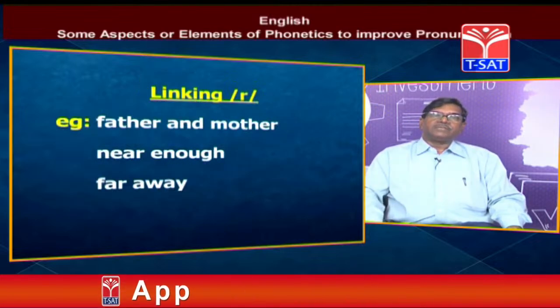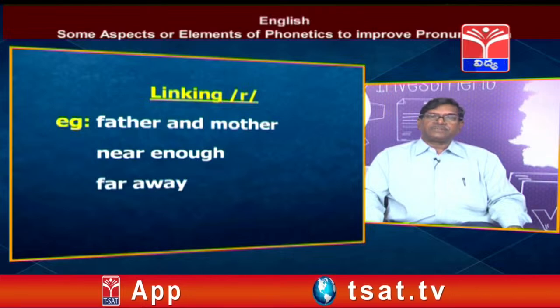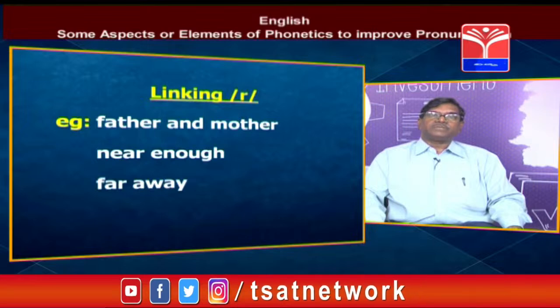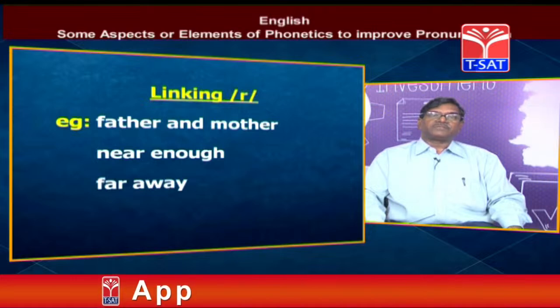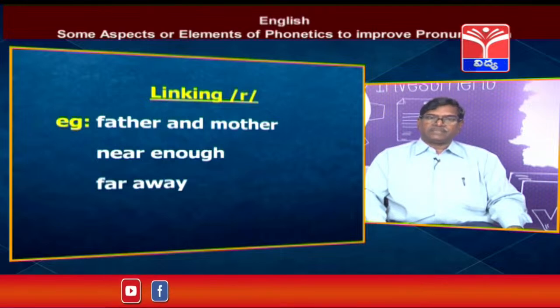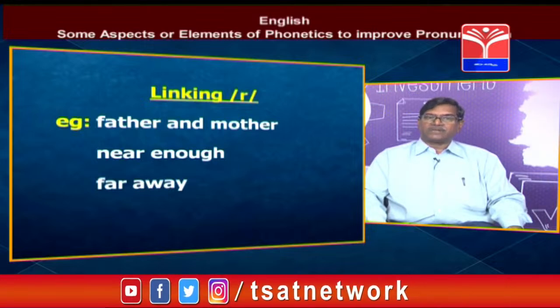Now, look at these words and phrases. When a word ends with r and the next word begins with a vowel sound, and if there is no pause between the two words in connected speech, the final r of the first word is pronounced. Father, if we utter the word separately, the word ending r is not pronounced.